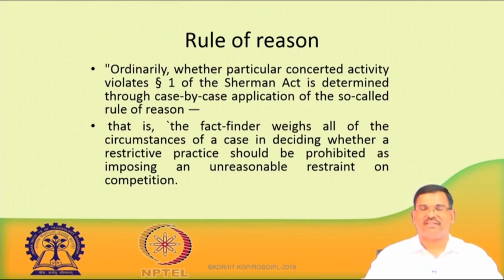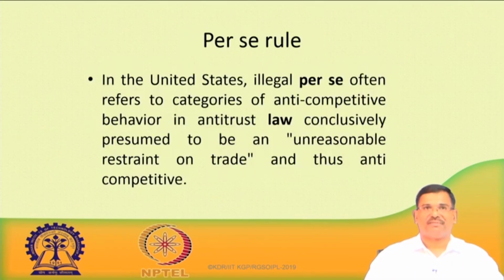But most of the time that is never going to happen. If it is a reasonable restraint plus a pro-competitive effect on the market, then the rule of reason can be applicable. Otherwise, the per se rule is applicable.